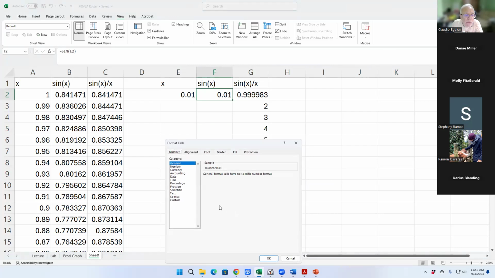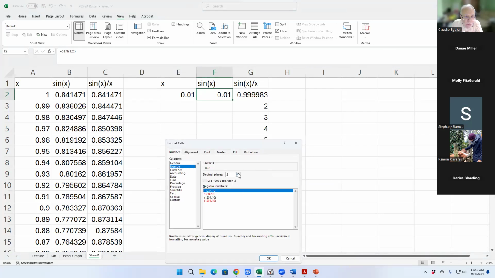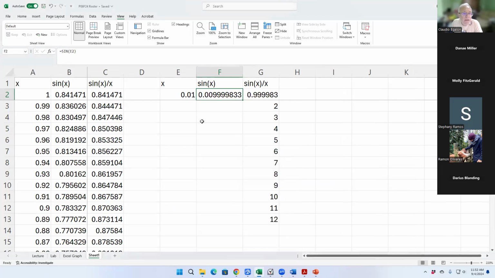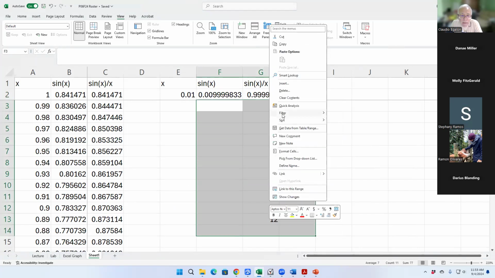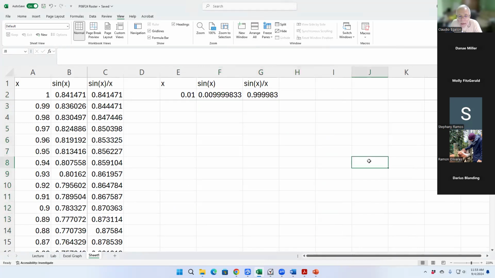Format cell. Okay, so you can see that's not exactly 0.01, but it's very close to it. So there might be a problem there on your Excel, or maybe you didn't type correctly. Okay, check.